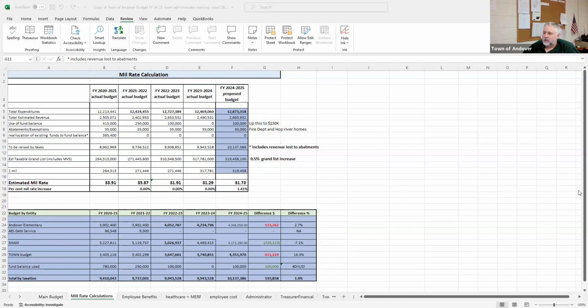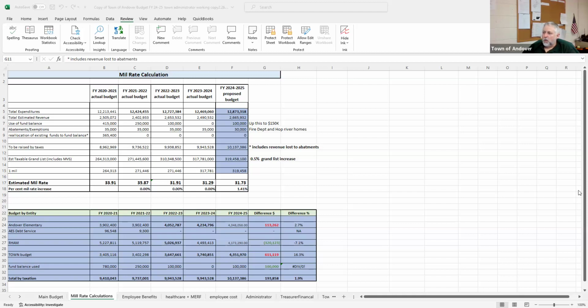Abatements or exemptions come in 2 flavors. They are tax abatements to members of the Andover Volunteer Fire Department for their service if they respond to enough calls in a given year. That's number one. And the second is a tax abatement given to the Hop River homes, which is largely in exchange for them allowing us to use their softball field, among other things.